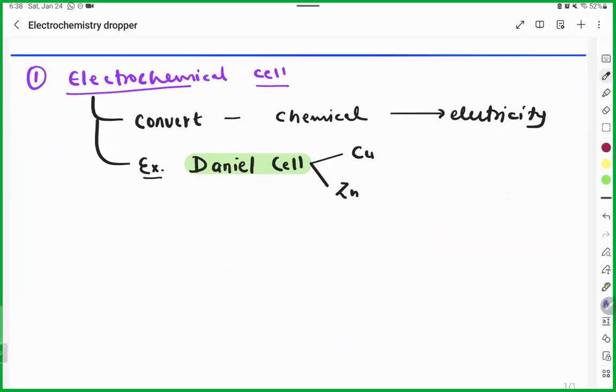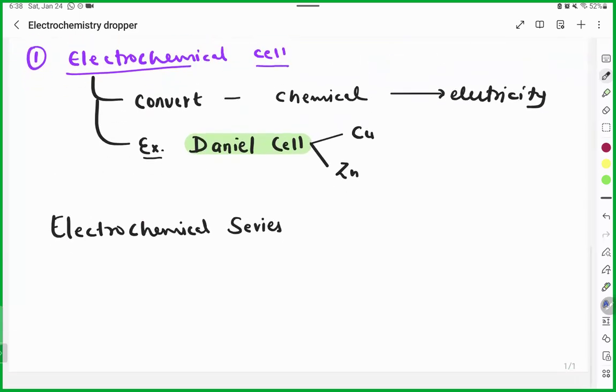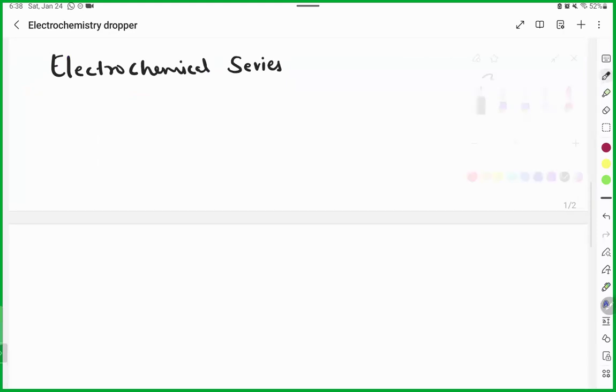Yeah. So what happens if you take the electrochemical series? Jordan, in the electrochemical series, you place many elements according to their reduction potential. You can take oxidation potential as well as reduction potential.